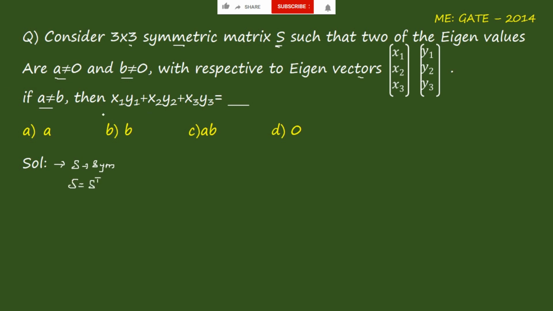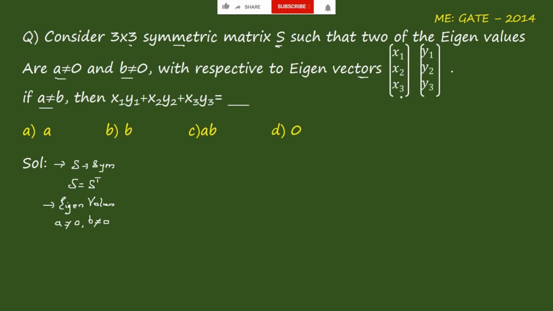Again, they are given the eigenvalues A not equal to 0, B not equal to 0, and their respective eigenvectors are given.